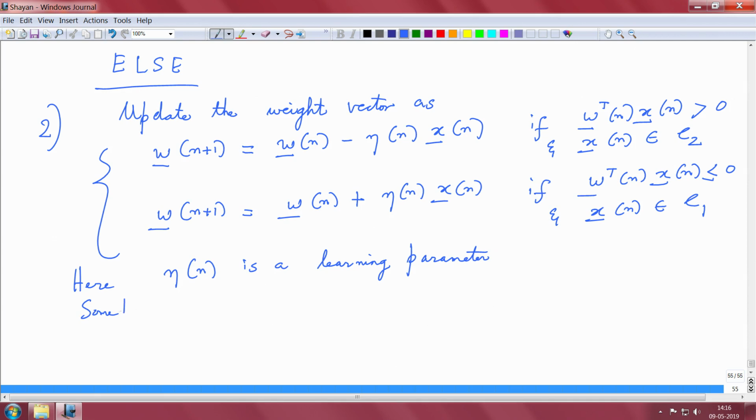Sometimes, or I would say most times, eta is a fixed constant and it is independent of n, and typically eta is a small quantity, and one can choose eta to be 1 also.